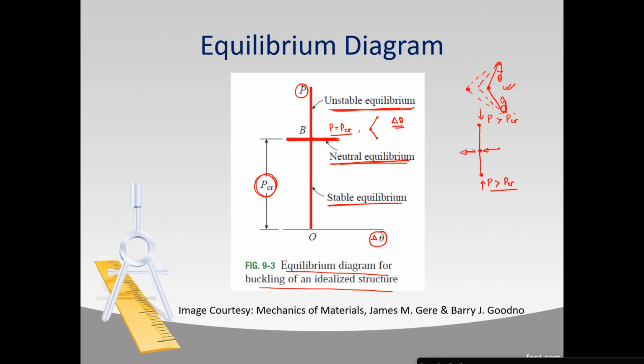Even when the load is increased beyond the critical load, unless we manually give a small displacement here, this will be our structure's state of equilibrium, and that is the state of neutral equilibrium.